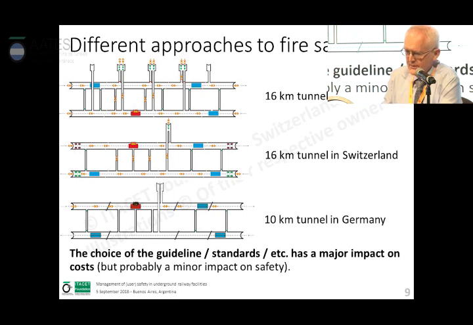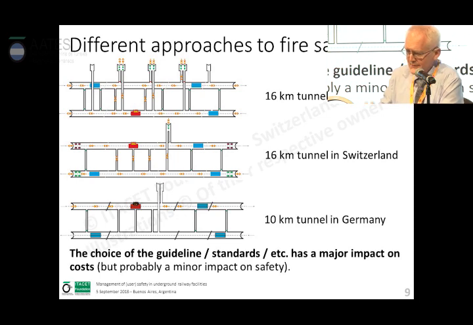You see here different numbers of ventilation shafts, and each shaft means, in this case, several millions of investment for the shafts themselves, for the civil works and for the equipment. And you see that they vary quite a lot.